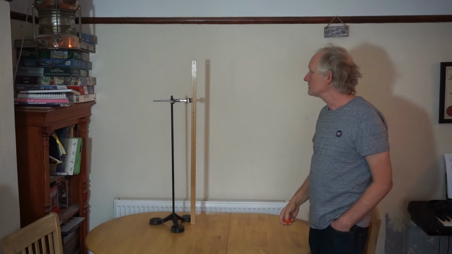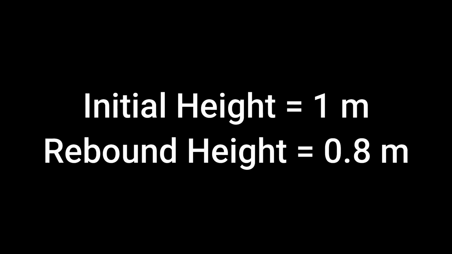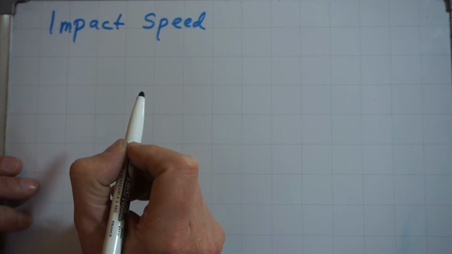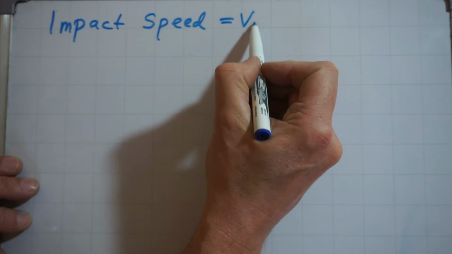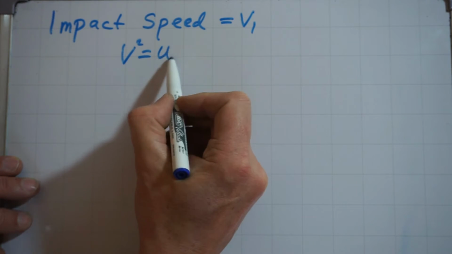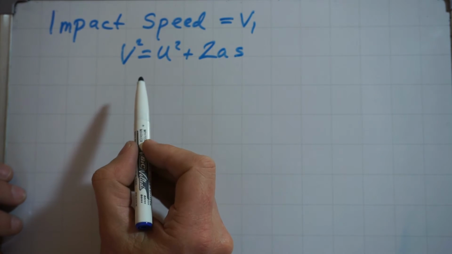And the ball rebounds to a height of almost 80 centimetres. First, we will use the downward motion of the ball to find the impact speed, which I'm going to call V1. We'll use the equation v squared equals u squared plus 2as.